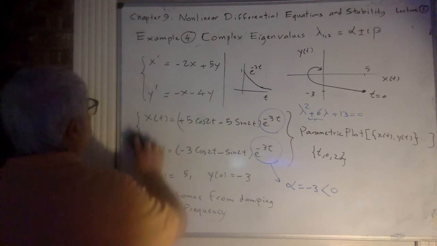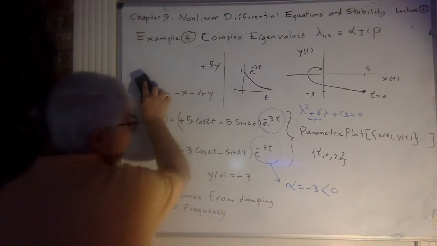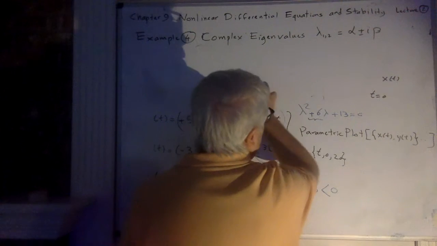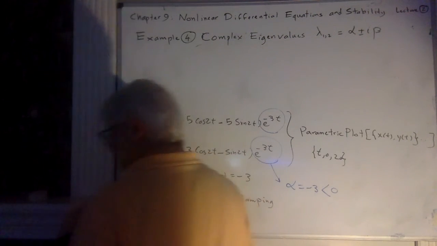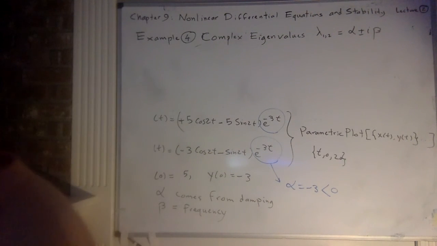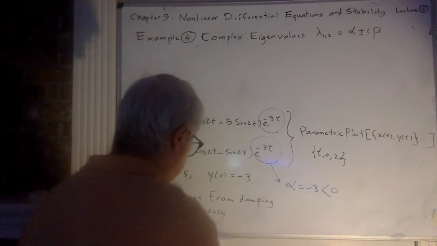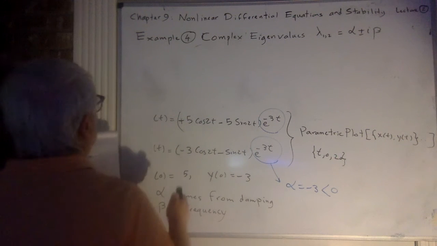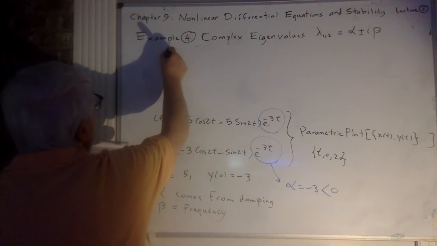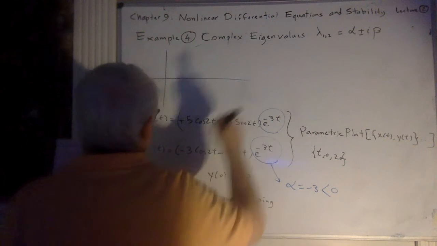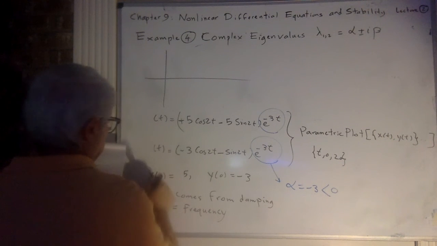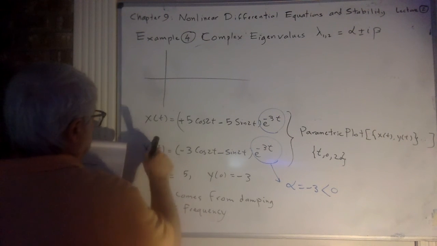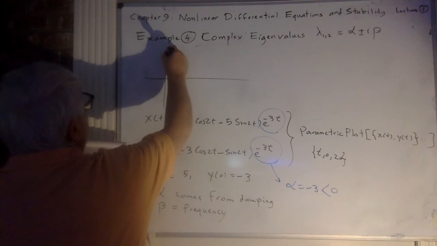Okay, so let me erase this thing and plot each one separately. So x is this one and y is this one, so x starts at the 5, and I have this picture here.